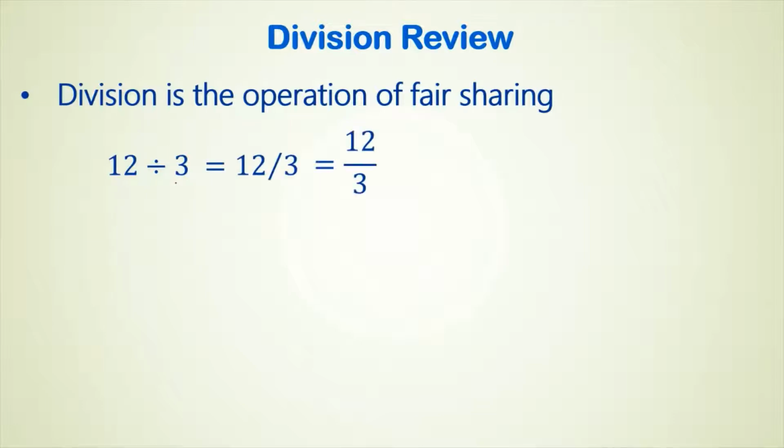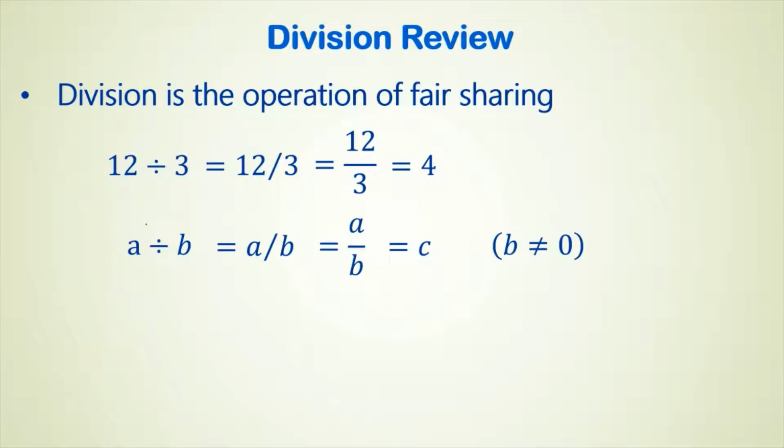So take a look at the different representations here. A division can be represented as 12 divided by 3, 12 slash 3, 12 over 3, and they all equal 4. Now if we generalize this example and let A and B represent any number, A divided by B can be represented in these ways.